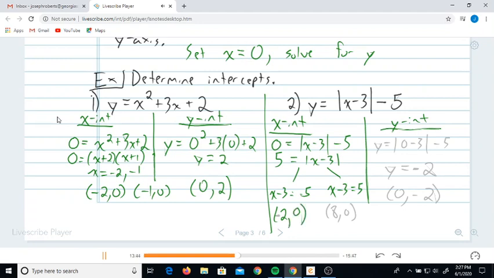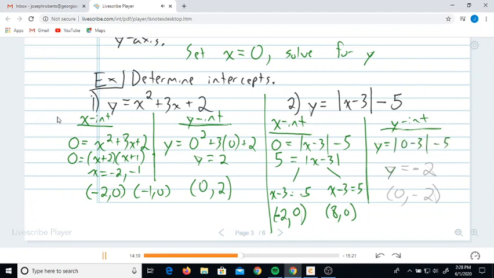And another one at negative 2, comma 0. That's where the error was. I knew something wasn't right. And then the next one we get is at 8, comma 0. So there's our x-intercepts. For the y-intercept, we set the x value to 0.